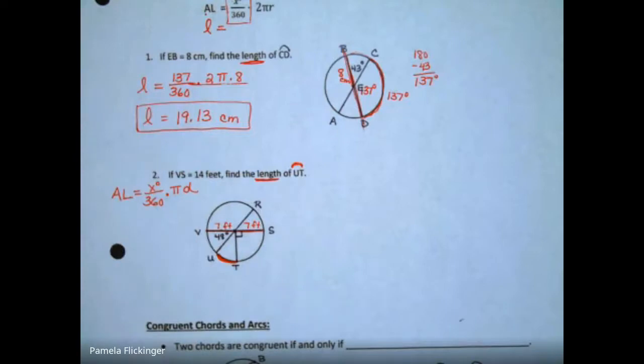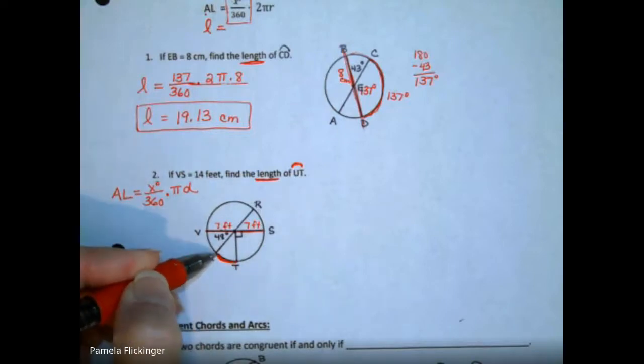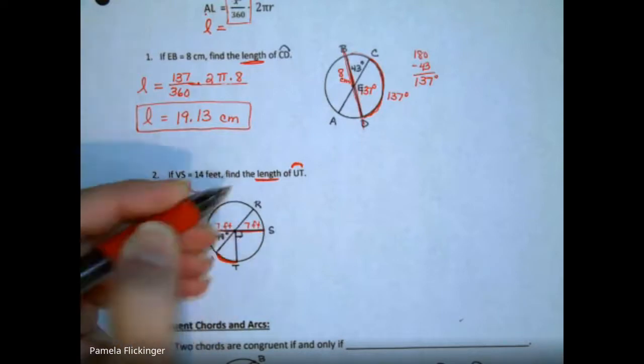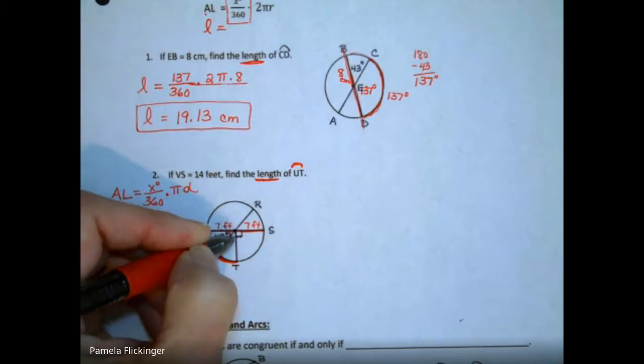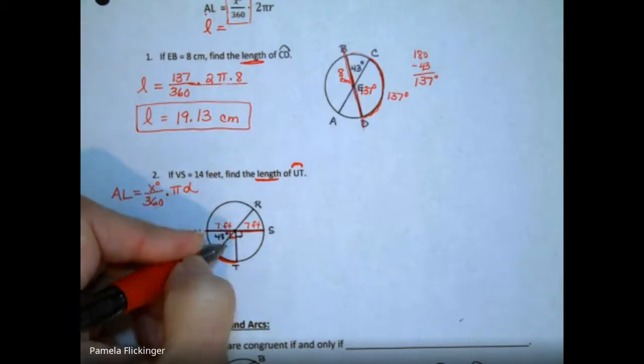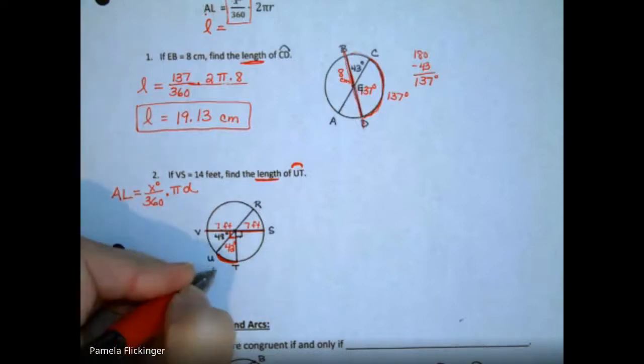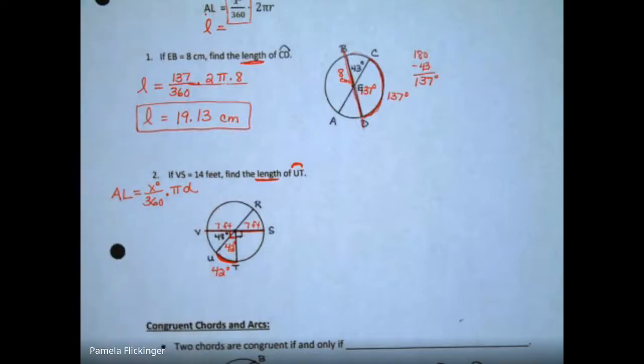All right, so to do that, I need to know how many degrees is that arc. So looking at my picture, we've got a diameter. One side is 90, so that means that these two angles on the left add up to be 90. So this one's going to be 42 degrees. That's my missing angle, which means my arc is 42 degrees.